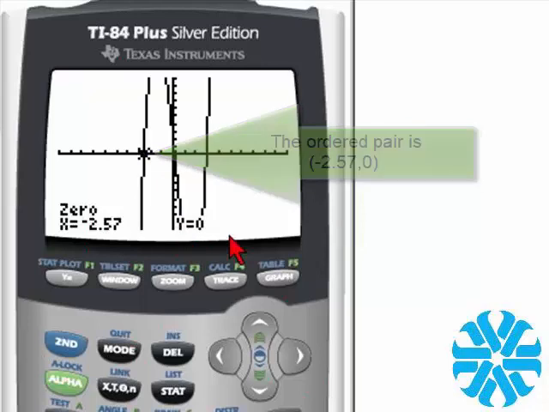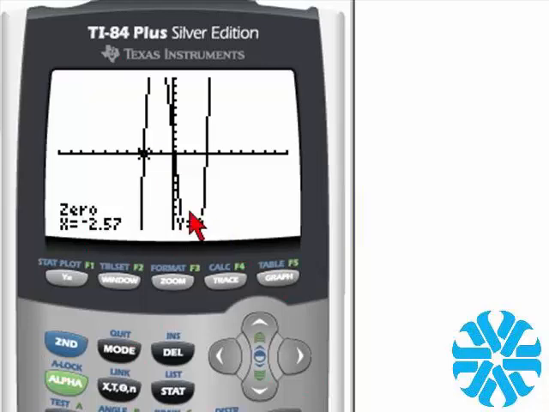There are times that this value of y will be written in scientific notation. So it might say y is equal to 2.35 e to the negative sixth. So anytime you have e to a negative value, that's a very, very small number, which means that it's very close to being 0. So don't worry if you do see the y value not being equal to 0.